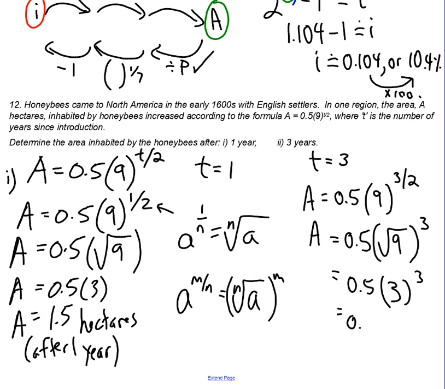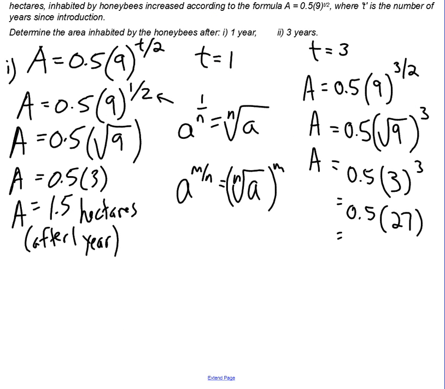So again, we're pretty much able to solve this problem entirely without a calculator because we know our powers of small numbers. The area of this one, I'll call A2, and I'll call the earlier one A1. Here, the area is going to be half of 27, which would be 13.5 hectares of land.